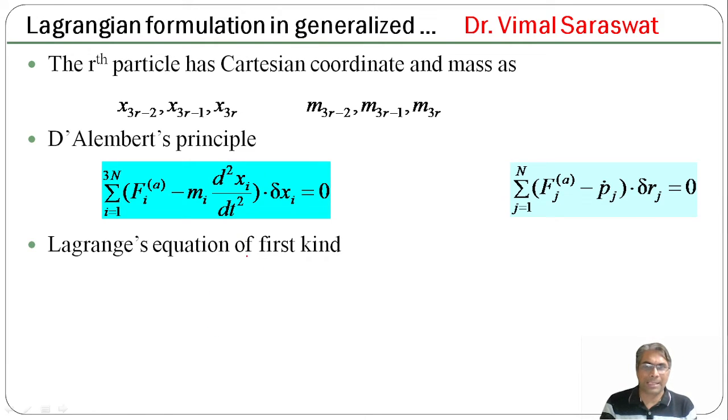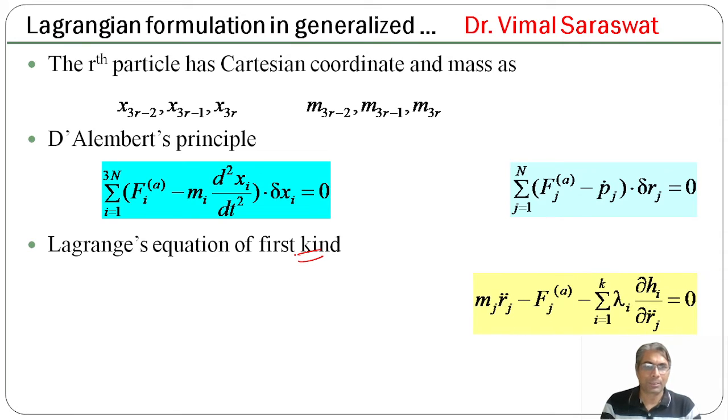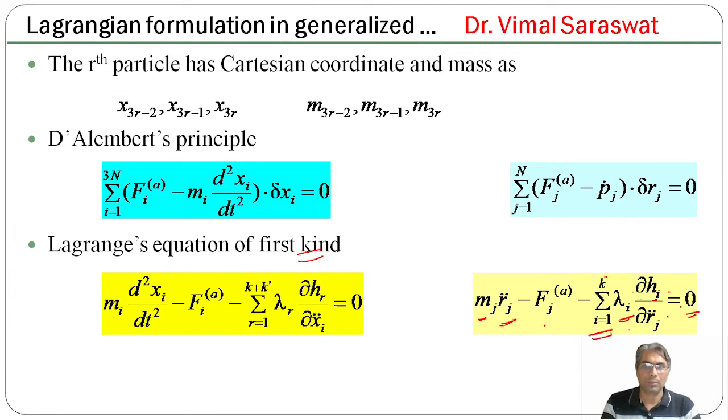Now, Lagrangian equation of the first kind is mj rj double dot minus Fj applied minus sigma i equals 1 to k lambda i del hi upon del rj equals 0, and this will be mi d2xi upon dt2 minus Fi applied minus sigma r equals 1 to k plus k dash lambda r del hr upon del xi equals 0.